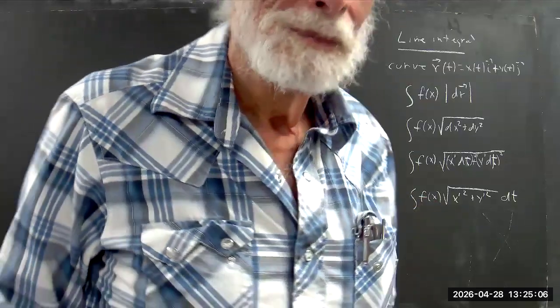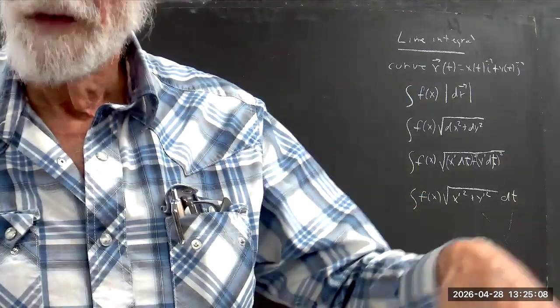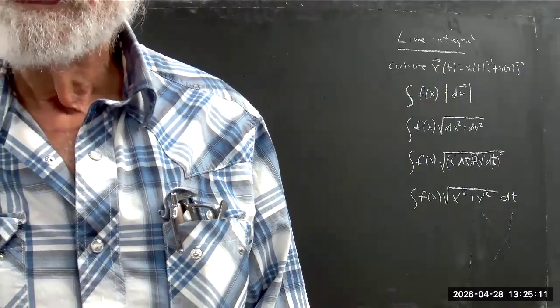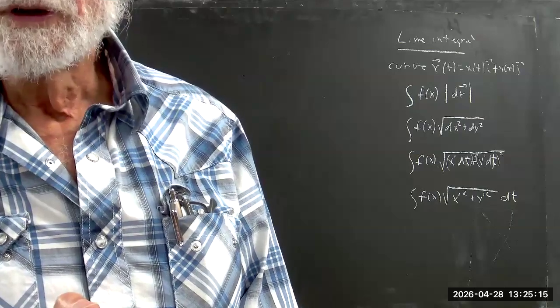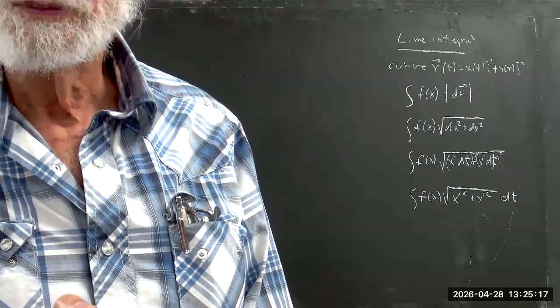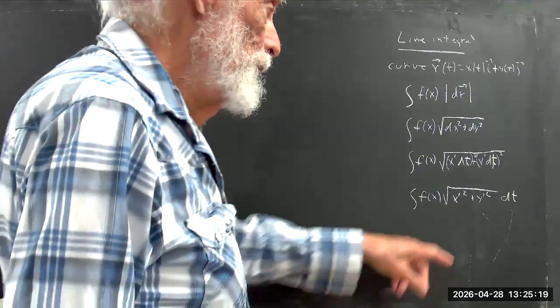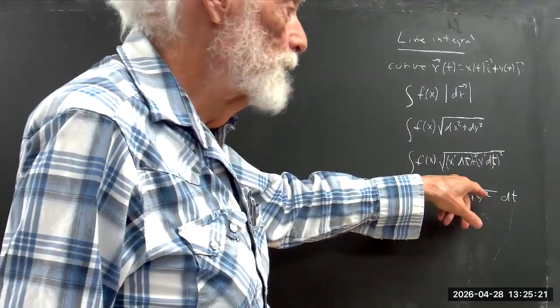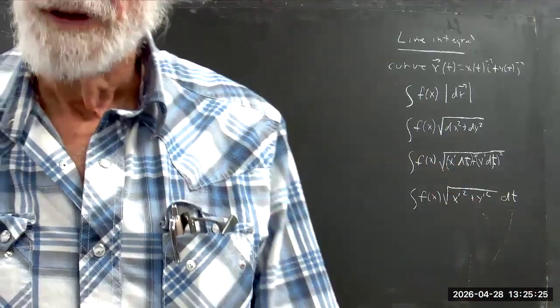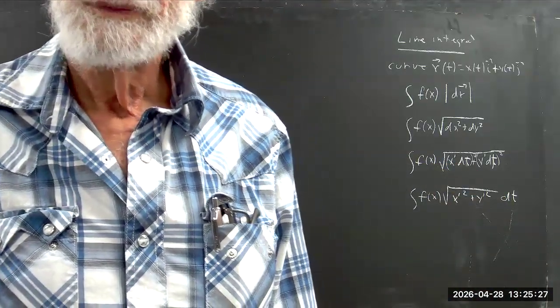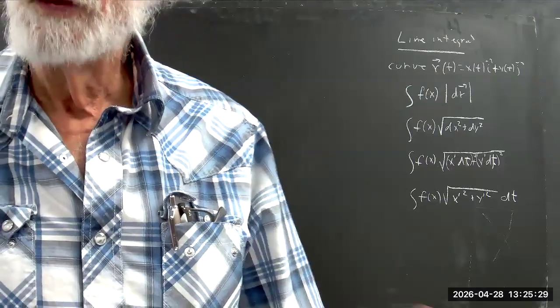There's your line integral of f of x over the line. Okay? That's the most concise way to understand it, and why you get that square root of x prime squared plus y prime squared, which is often written (dx/dt) squared plus (dy/dt) squared. The prime is implicitly the derivative with respect to t. Make sense? That should be familiar to you.